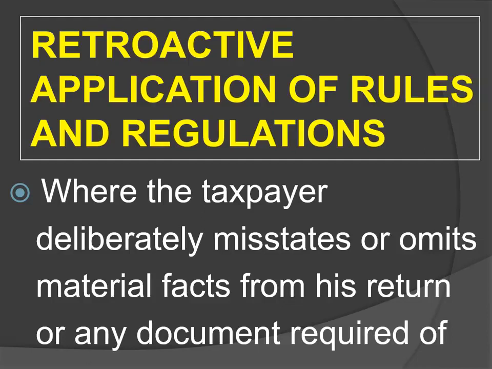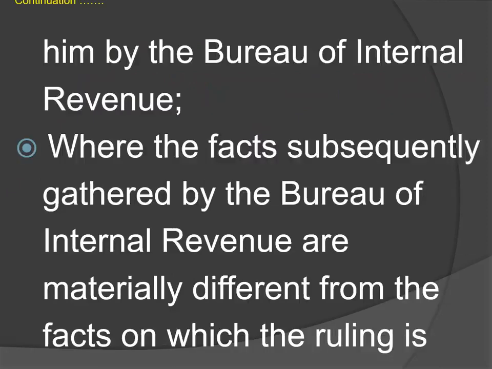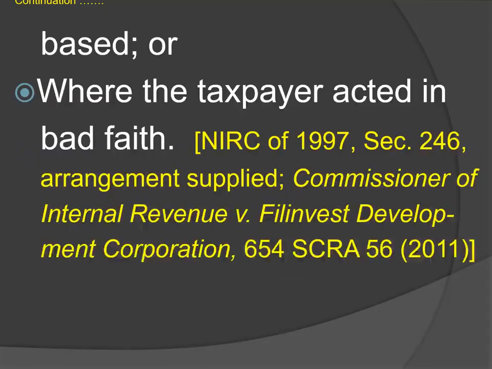Just for example, when the taxpayer deliberately misstates or omits material facts from his return or any document required by the Bureau of Internal Revenue, then there could be a retroactive application of an adverse ruling of the Bureau of Internal Revenue. If the facts subsequently gathered by the BIR are materially different from the facts on which the ruling is based, then again, retroactive application. So also, when the taxpayer acted in bad faith, it could also be a retroactive application of the BIR rulings.